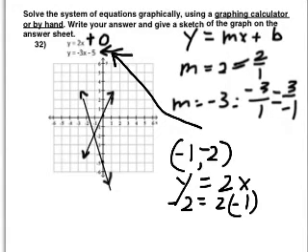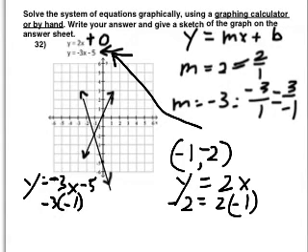And then if you stick it in the other one, y equals -3x minus 5, -1 times -3 minus 5, it's got to equal -2 if it's going to be correct. So -3 times -1 is +3. +3 plus -5 is -2. So that point is right.